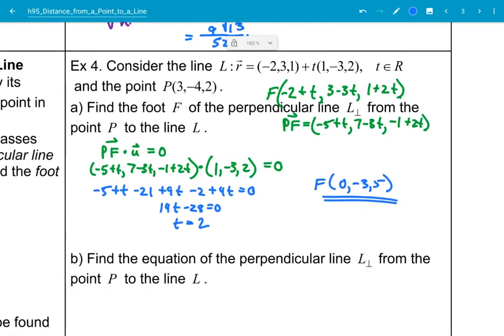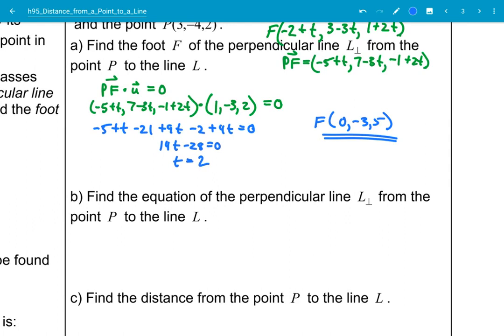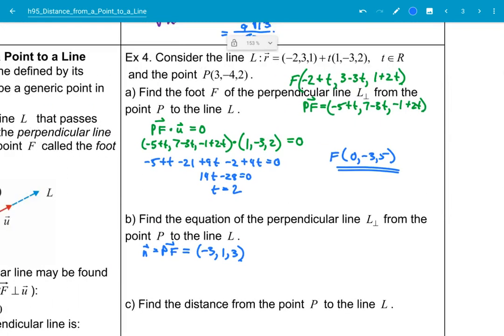Find the equation of the perpendicular line from the point to the line. Okay, it doesn't say the form of the equation. We'll just, well, the normal is actually the PF. So I'm going to plug in t is equal to 2 into that, and I get -3, 1, and 3. And you can verify that the dot product will be 0 if you do that. And yes, it is.